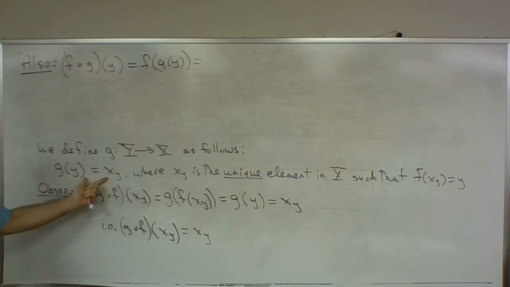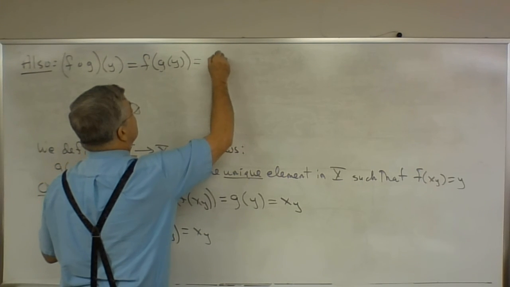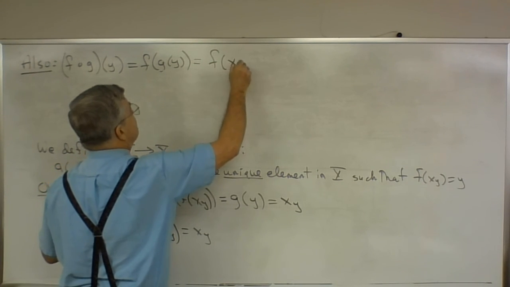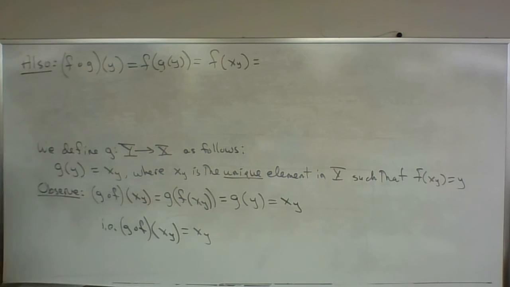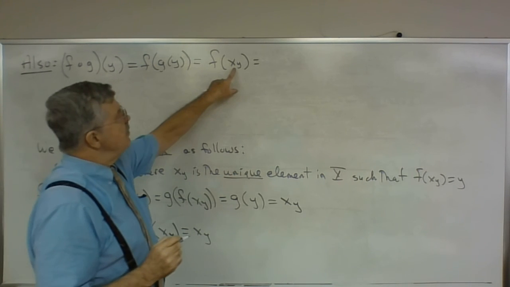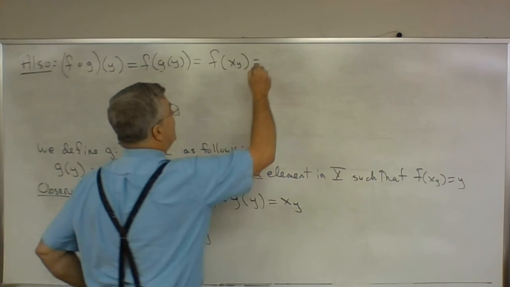That's the element x sub y, where x sub y is the unique element that f maps to y. So g of y is x sub y. So this is f of x sub y. And by definition, x sub y is that unique element that f pairs up with y.